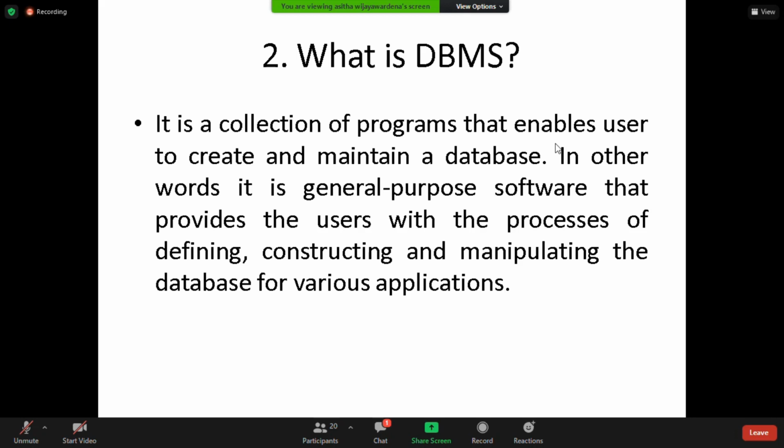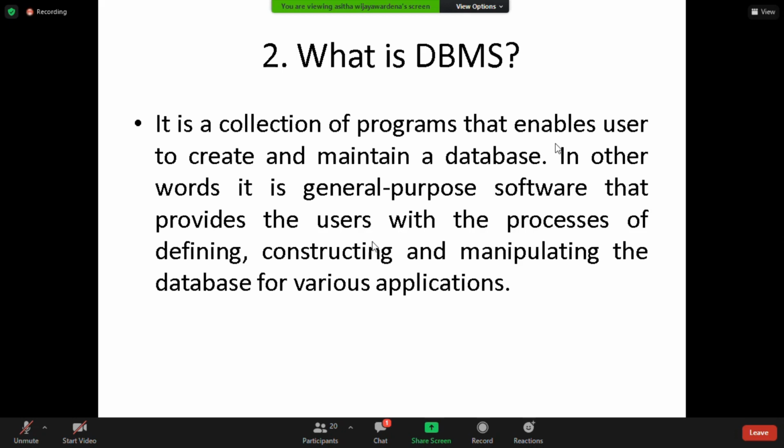Normally, as a general purpose software, it provides users with the process of defining, constructing, and manipulating databases for various applications. That is why I told you, when you interact with databases, the database admin can create backups and restore backups. They can create logins, manipulate logins.